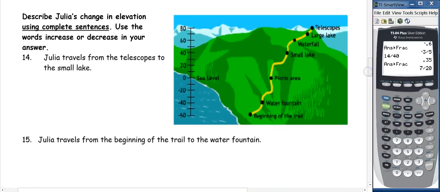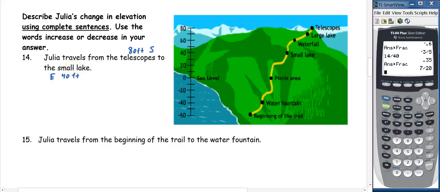Let's look at two more examples. So describe Julia's change in elevation using complete sentences. So looking at the picture, Julia travels from the telescopes. So the telescopes, if we look at this, has an elevation of 80 feet. That's our start. To the small lake. So the small lake has an elevation of 40 feet. This is our end point.